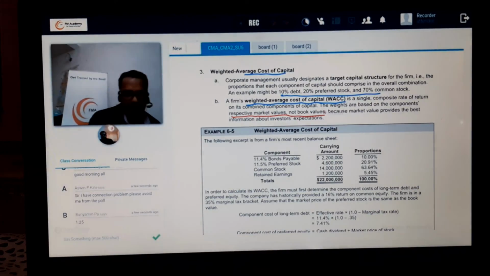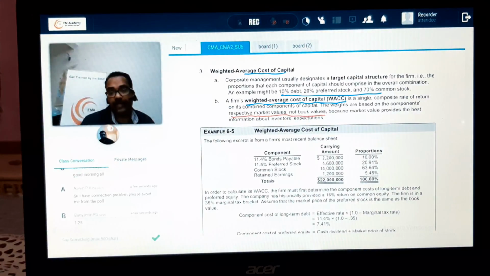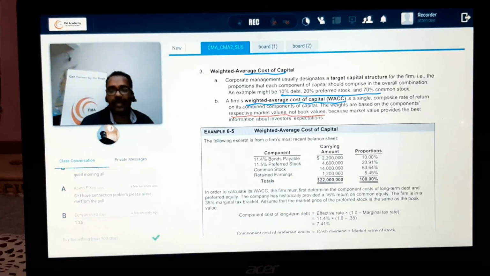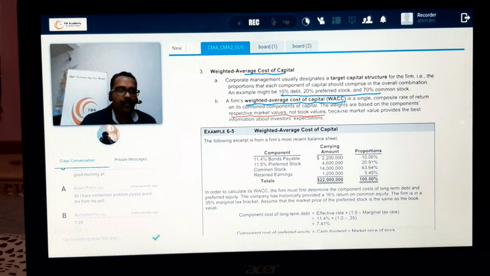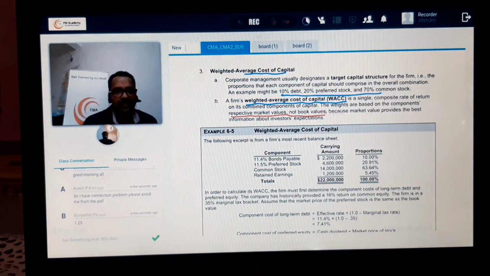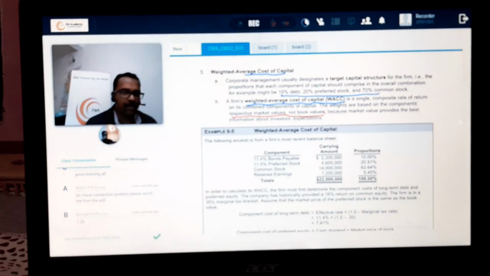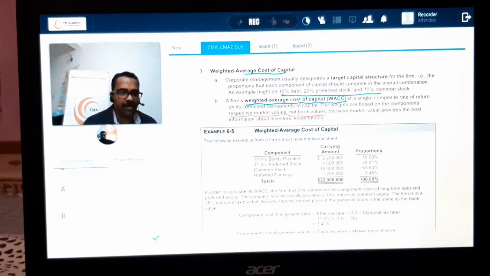Let me tell you, from my experience, we studied many things. Weighted average, on many occasions we will come across this calculation. Still, people don't know what a weighted average is. Remember, we discussed the AVL example.